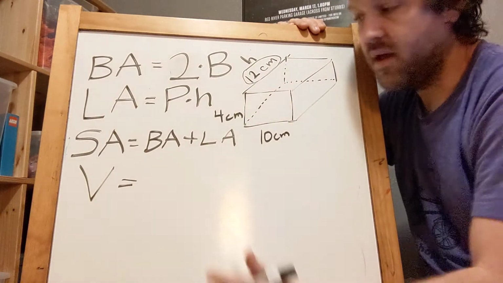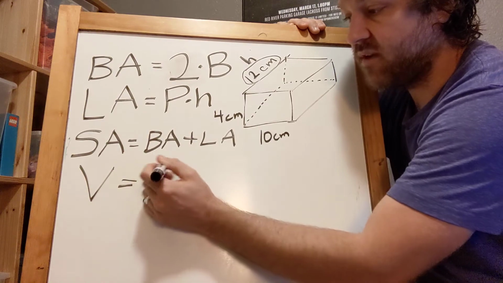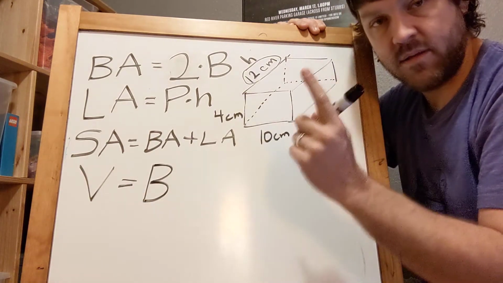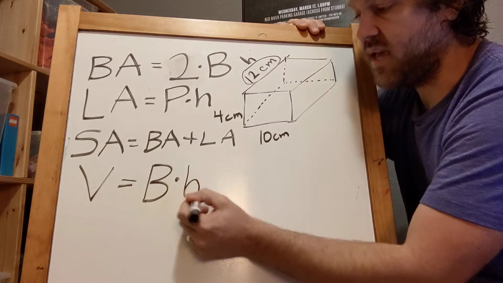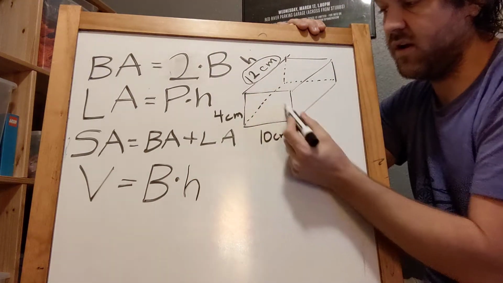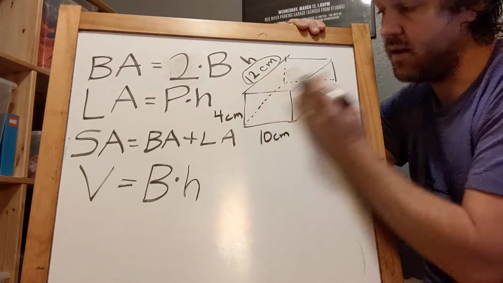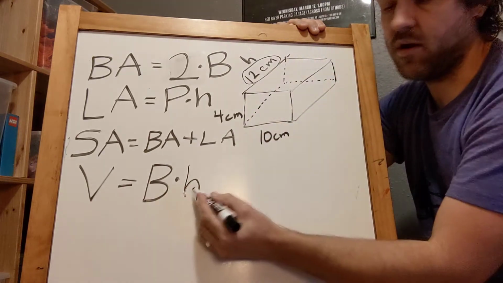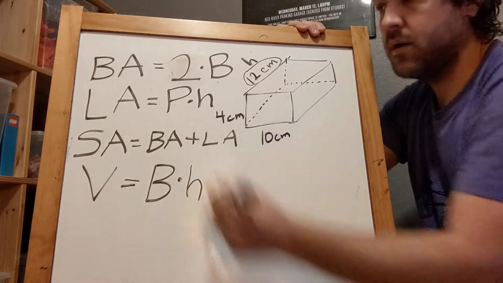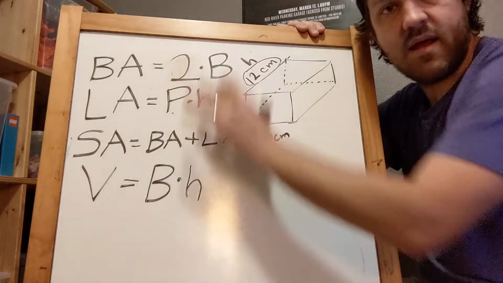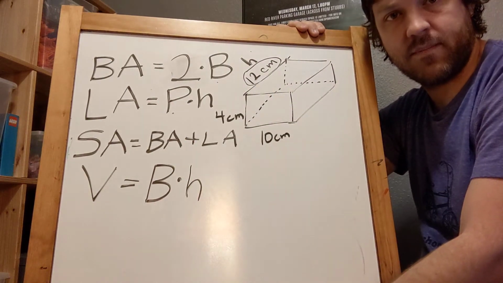The volume is going to be the base area, just one, the B, times H. So it's like taking the area of this figure here, this rectangle, and making it go through the entire figure. So you can see that if I can calculate B and P, then everything else comes pretty easily.